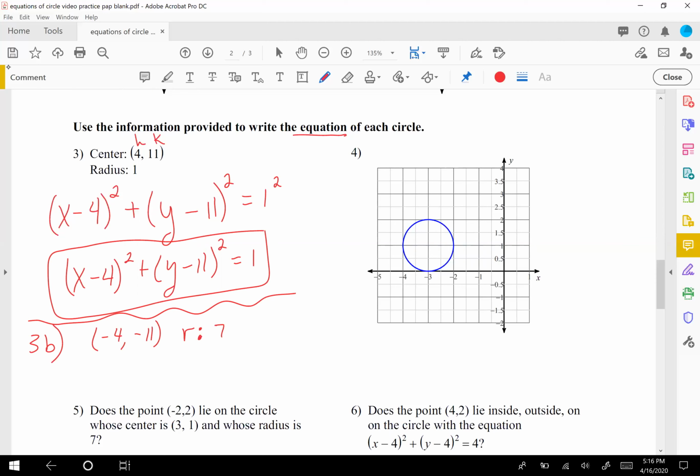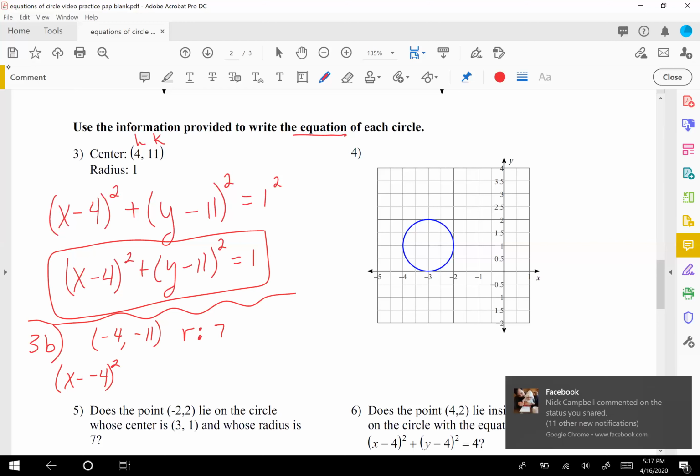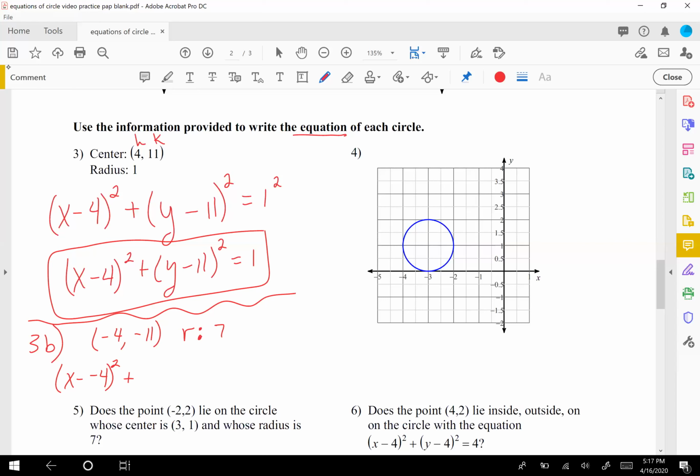So here we have X minus -4, squared, and you actually have to do minus the -4, and then we do Y minus -11, squared, and then we have to do 7 squared because it's R squared. The reason why I did this is because the formula is X minus whatever H is, whether it's positive or negative.